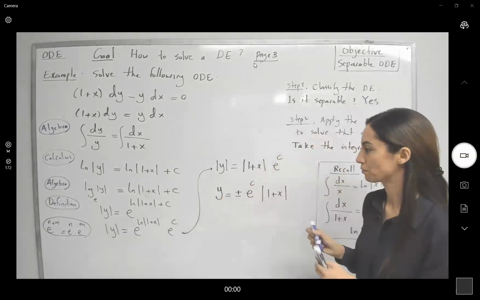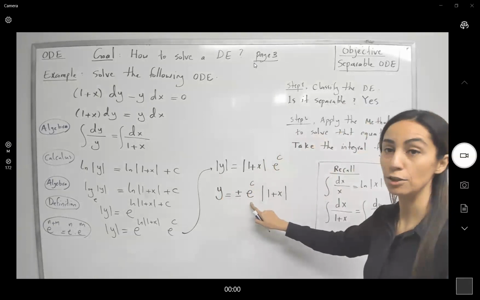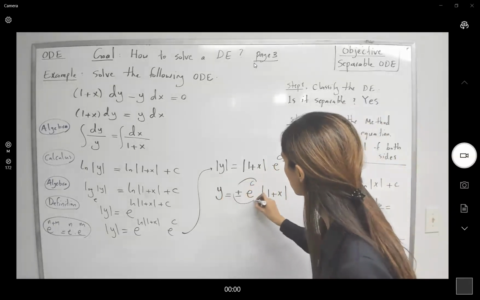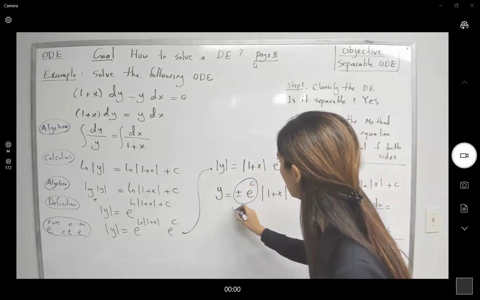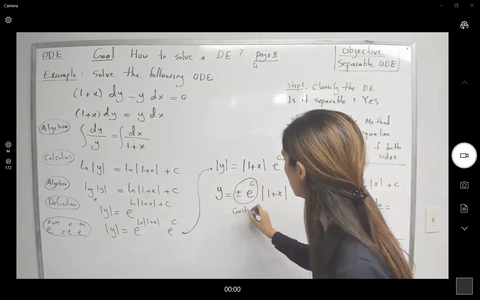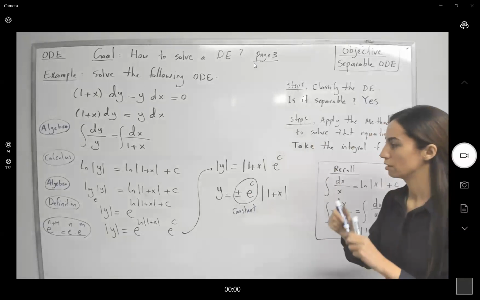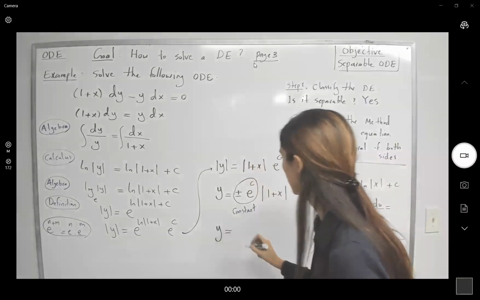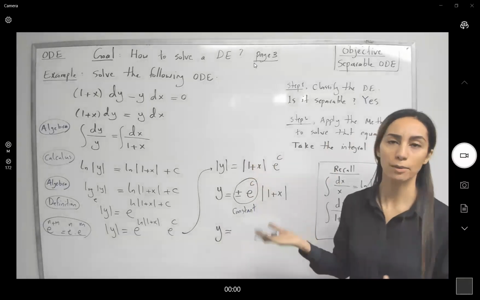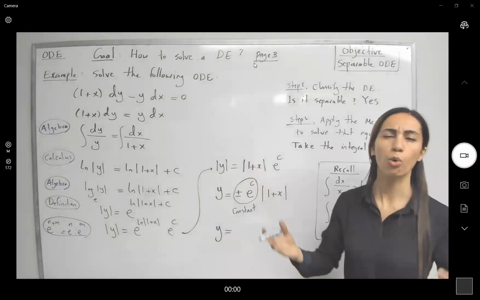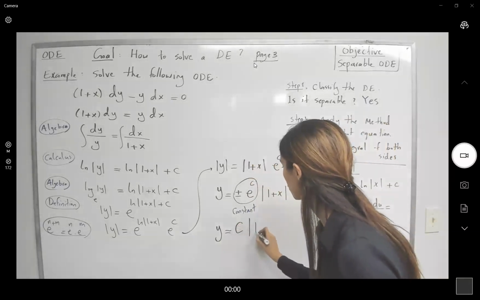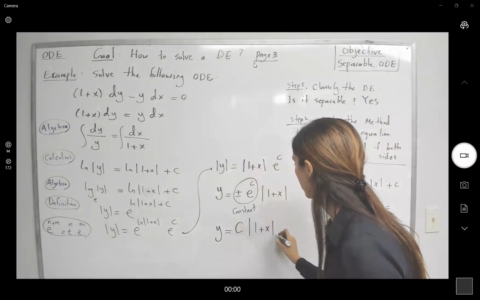Note that plus minus e to the power c is just a constant. So we're going to rename it. This is just a constant. So you can write y as, for example, k times absolute value of 1 plus x, or in general, let us use c. c times absolute value of 1 plus x.